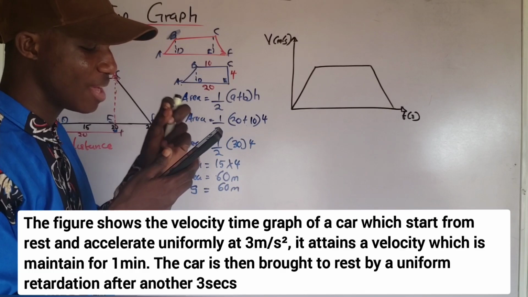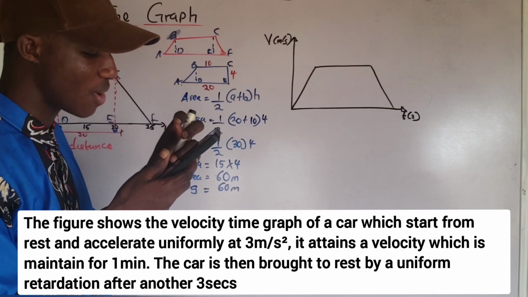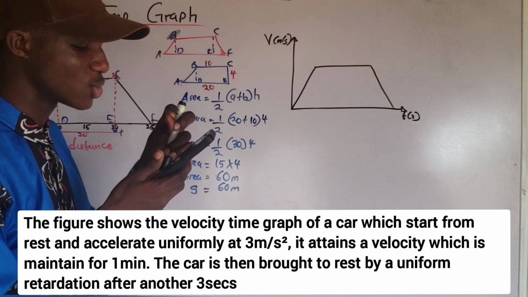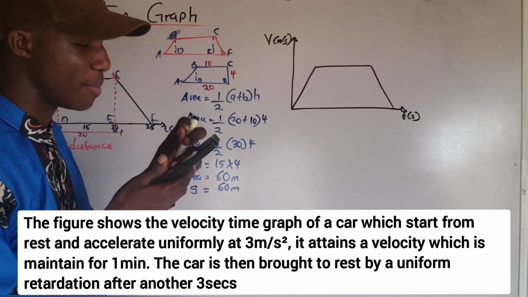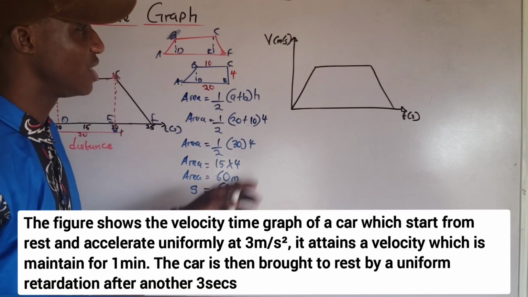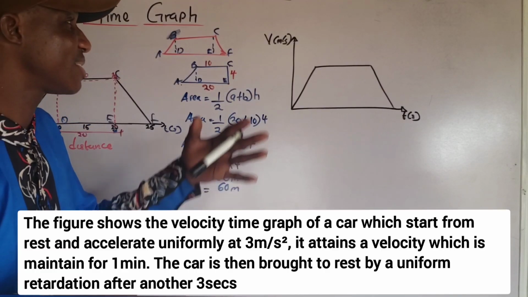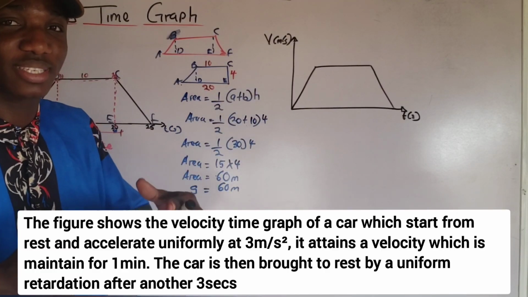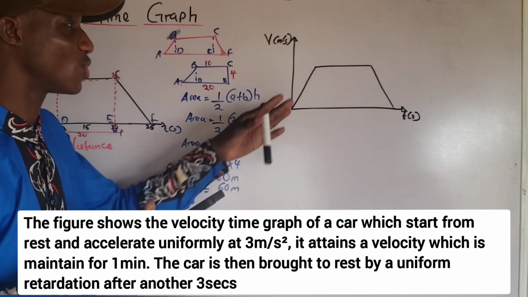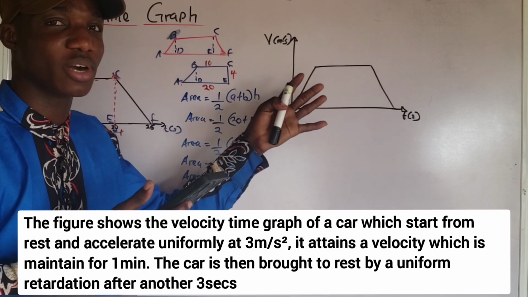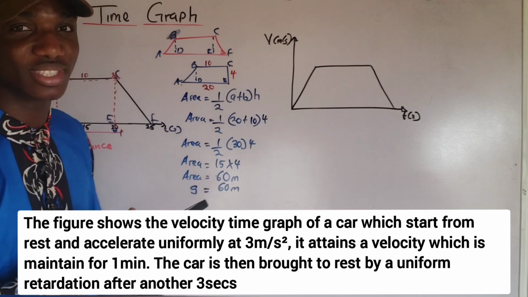The car is then brought to rest by a uniform retardation after another 3 seconds. Calculate the total distance covered by the car. Now, they gave us this velocity graph. The velocity is not labeled, they just gave us the parameters, the needed information, and a typical representation of how the velocity time graph will look like. So we are asked to calculate the distance.